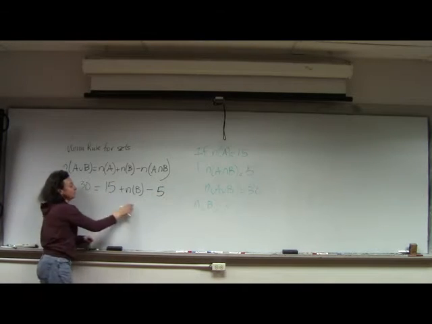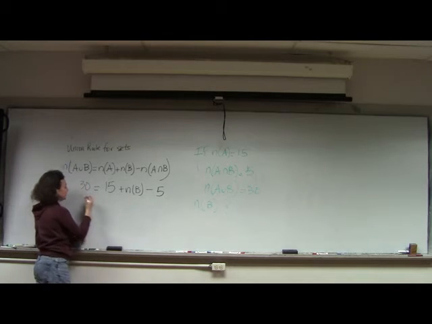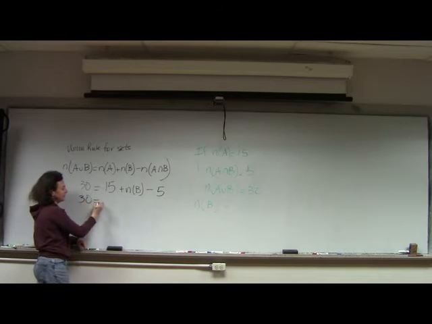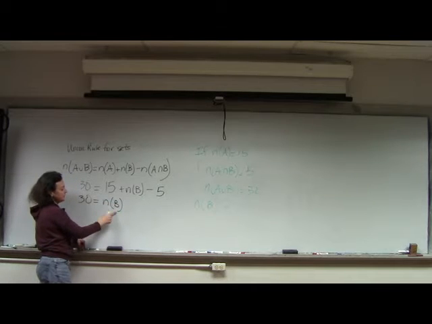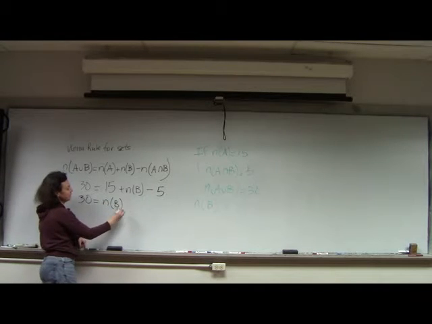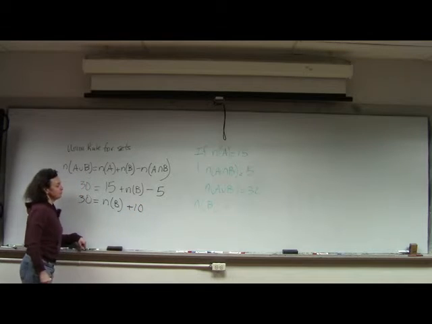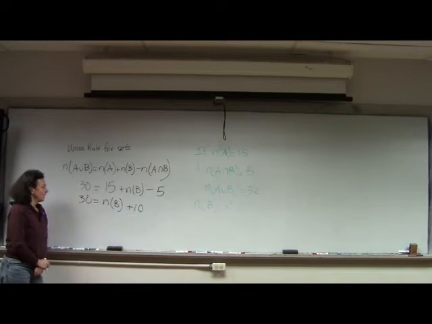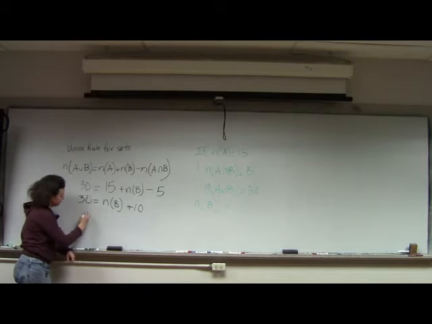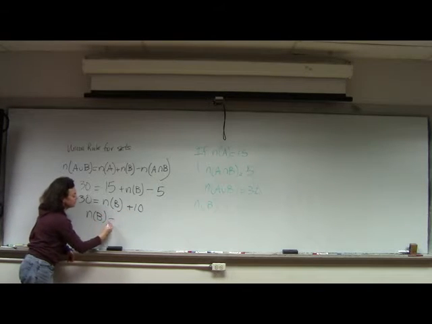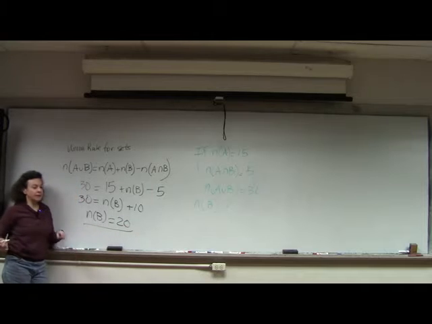All right, I can combine these two numbers here to simplify things. Would you agree on my right side I can say, well, that's equal to the number of elements in B plus 10, 15 minus 5. All right, you guys, what plus 10 gives us 30? I think you'd agree that the number of elements in B is 20.